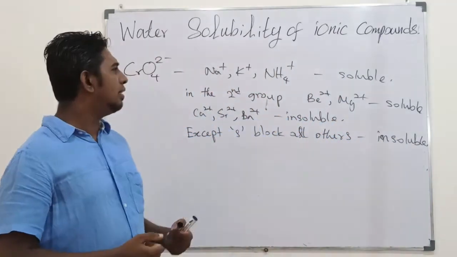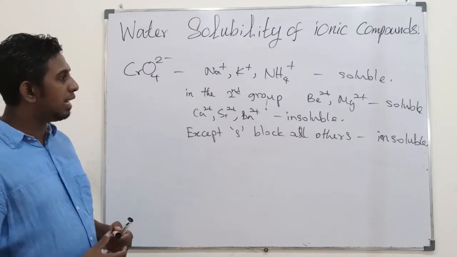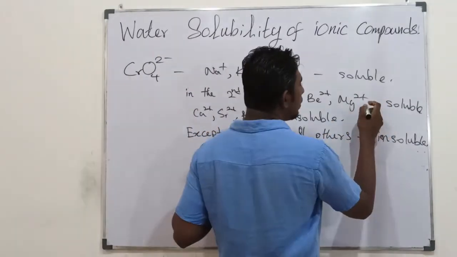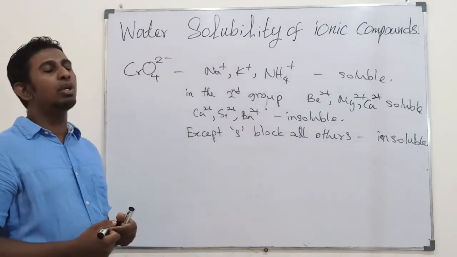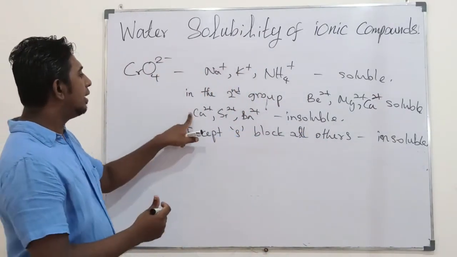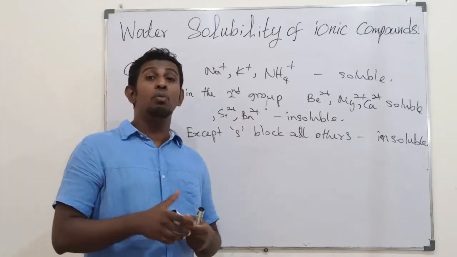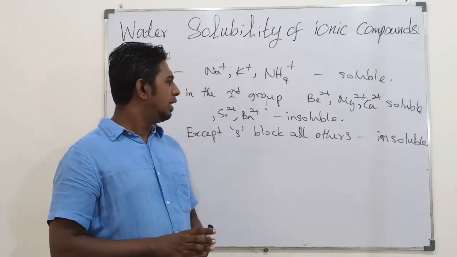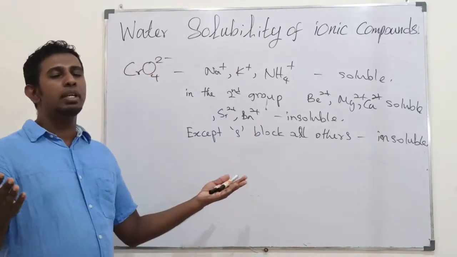Then down the second group, water solubility of chromates decreases, but this time calcium chromate also belongs to water soluble. Strontium and barium chromates are water insoluble. Except for the S block, all the other chromates are water insoluble.